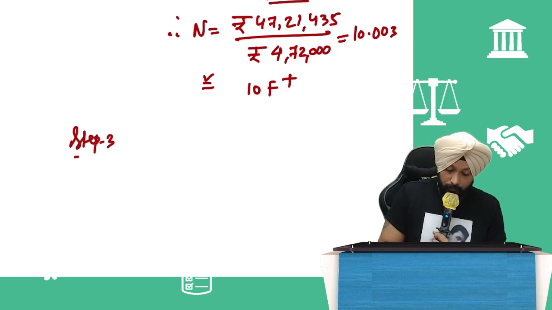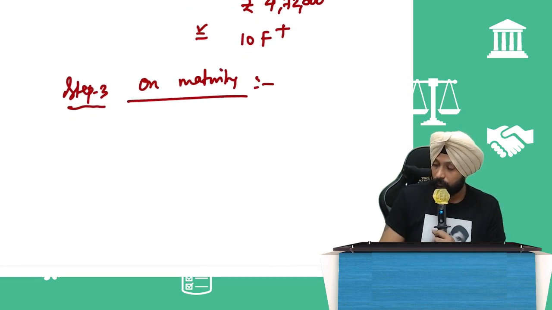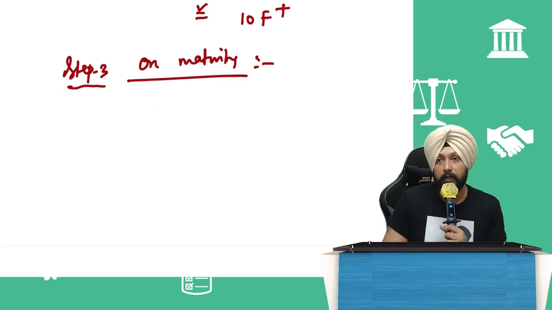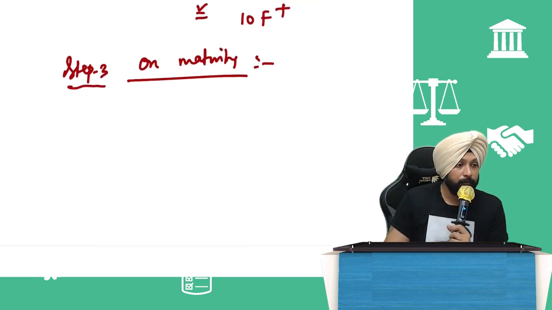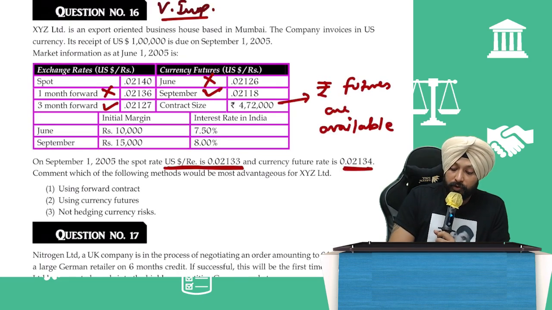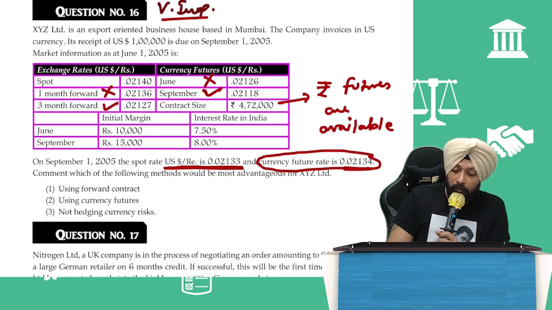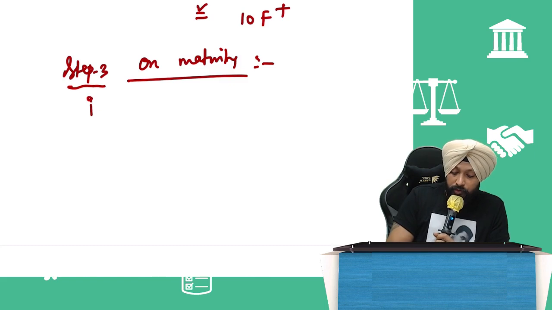Step 3, on maturity. See, you have taken futures at 0.02118. Now the price of future has become 0.02134. You have taken a long position at 0.02118. This is the future price, which is 0.02134. So there is a profit on squaring of futures.